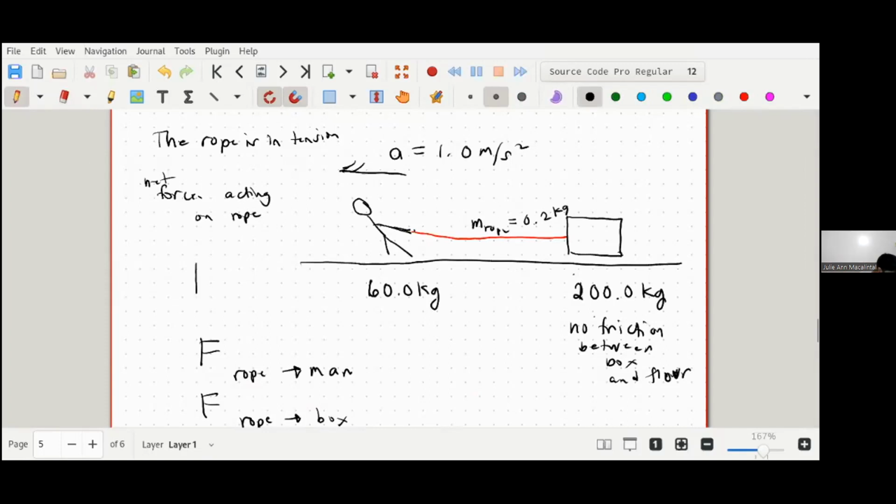For example, if you're analyzing a piece of rope, we have a pulling force from the left and a pulling force from the right.